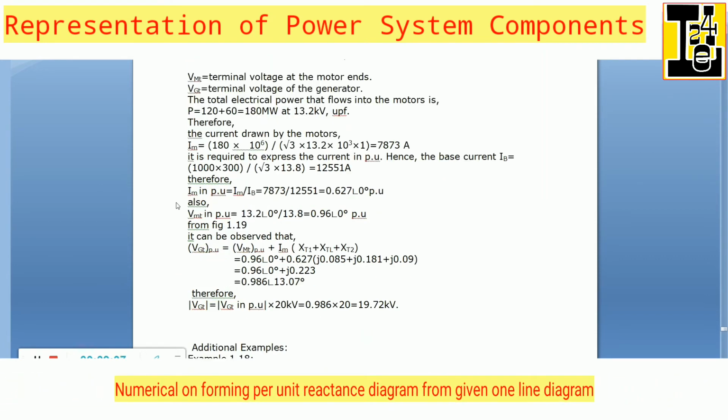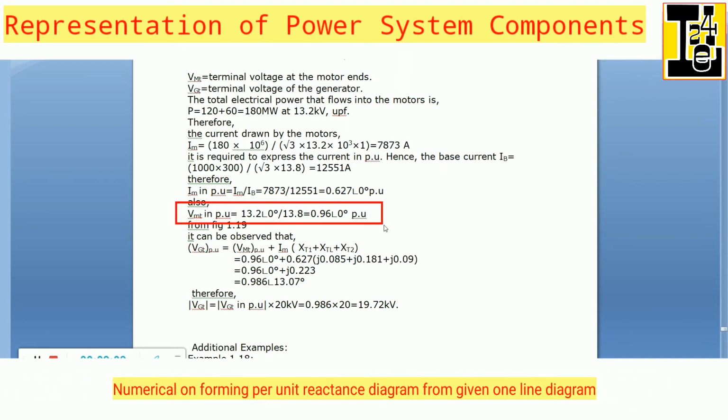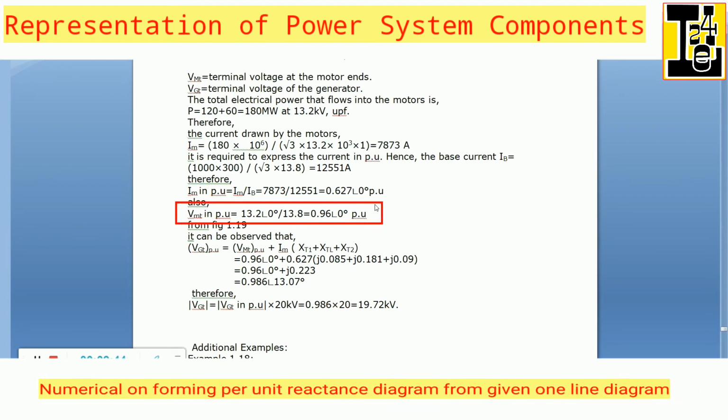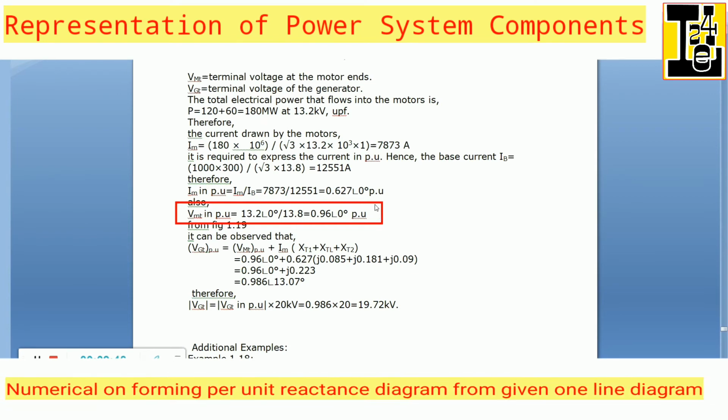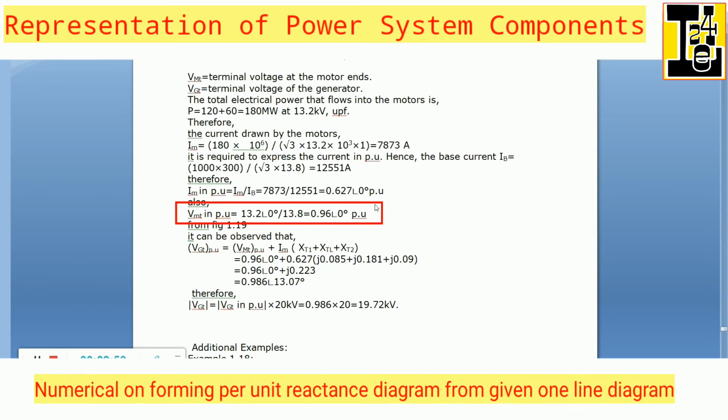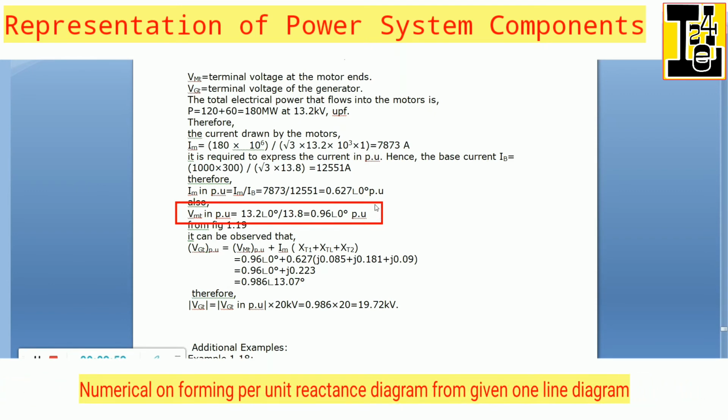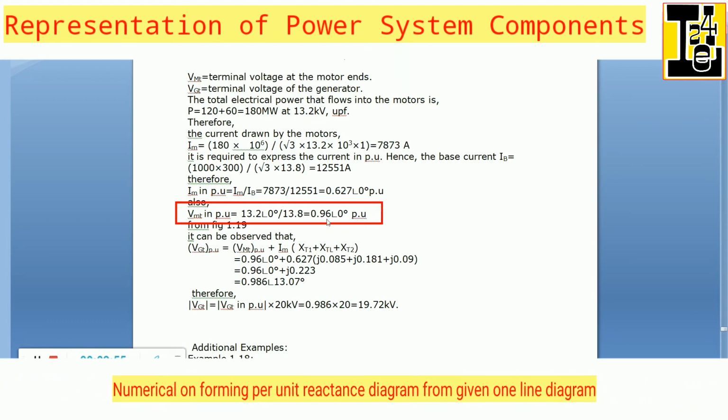So VMT in per unit can be calculated as 13.2 at an angle 0 divided by 13.8. Here 13.2 is the actual operating voltage of the motor and 13.8 is the base value at the motor side. So its value in per unit is 0.96 at an angle 0 degree.